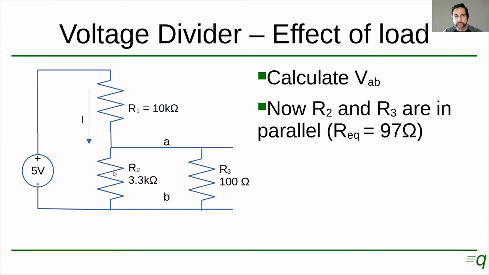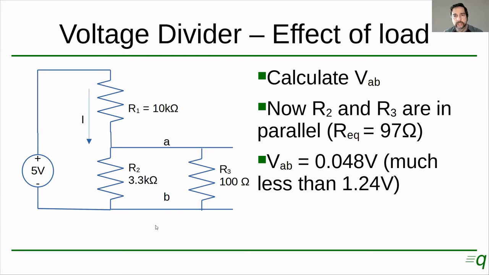Remember, when you put resistors in parallel, the equivalent resistance is going to be lower than either of the two, right? So if we recalculate the formula for the voltage divider, but now with an equivalent resistance of 97 ohms instead of the original 3.3 kilo ohms, we see that the voltage between points A and B is going to be 0.048 volts, right?